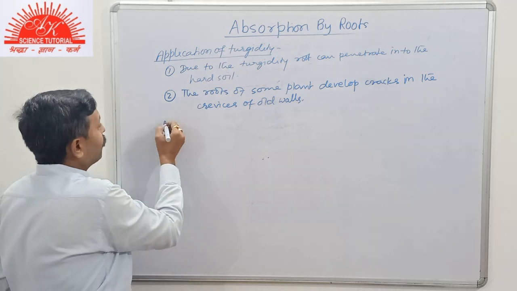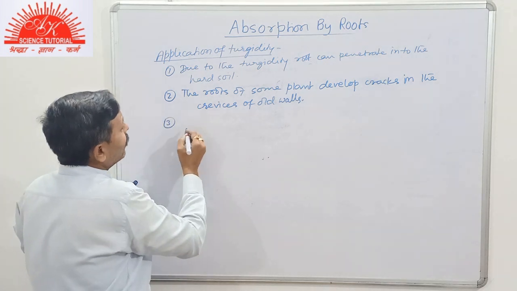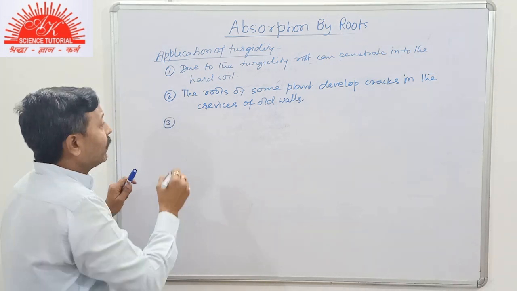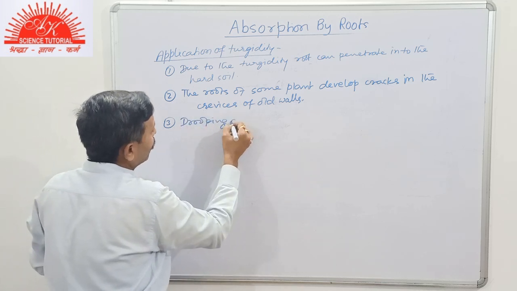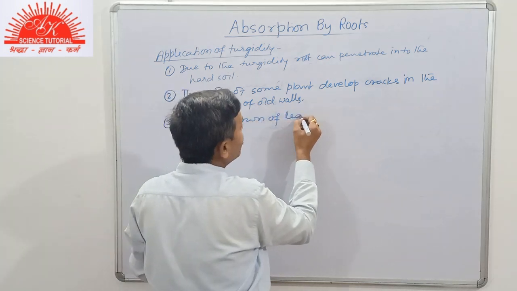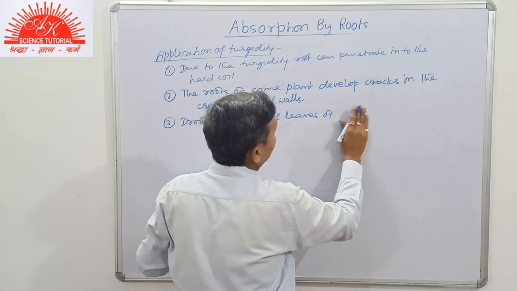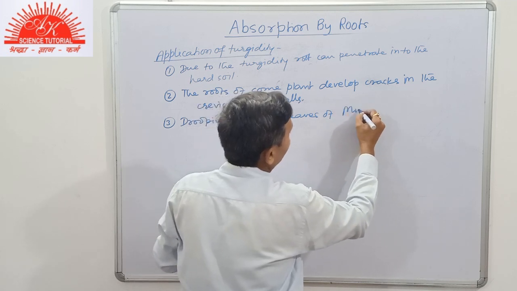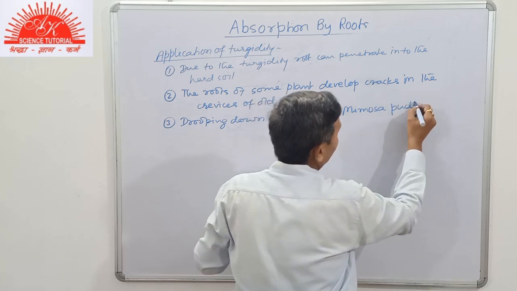Now one more example. Now we see, student, suppose we take the example of drooping down of leaves of Mimosa pudica. This is the biological term, Mimosa pudica.